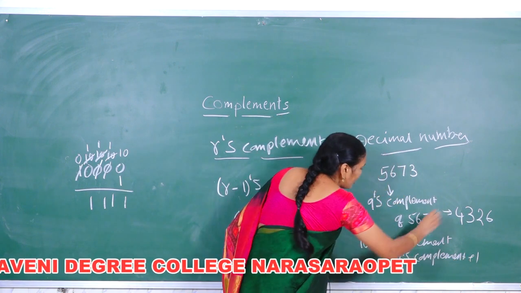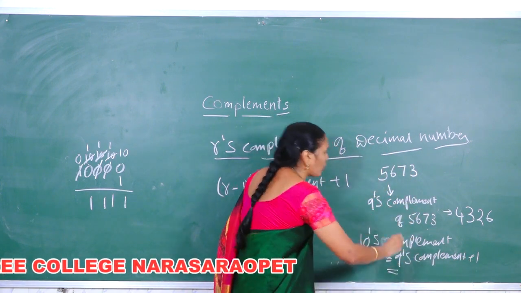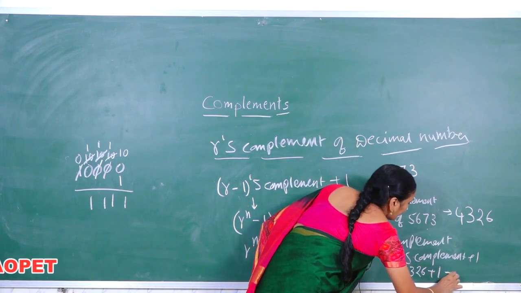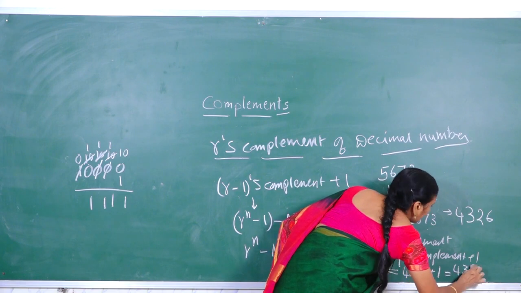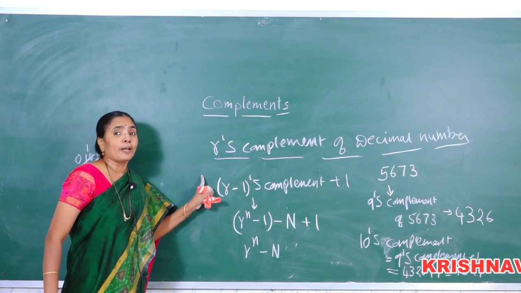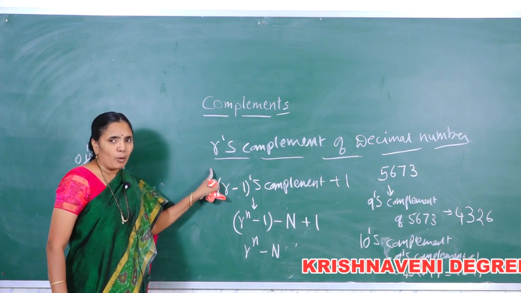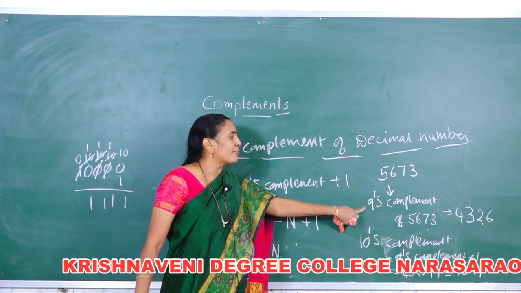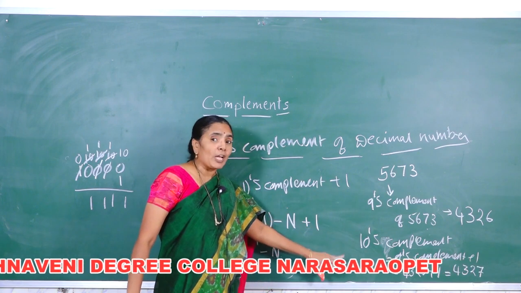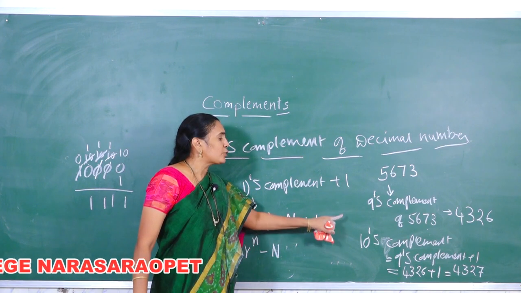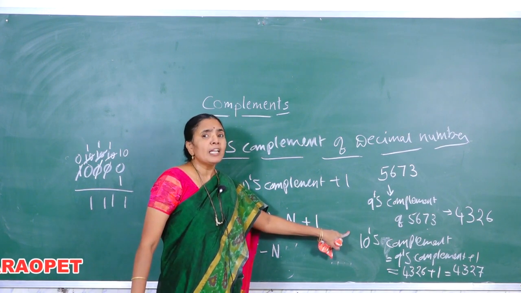We have already calculated the 9's complement, that is 4326, plus 1, which is nothing but 4327. There is no simple formula to directly remember how to calculate the 10's complement. First we have to calculate the 9's complement of the given number, then we have to add 1 to that complement so as to get the 10's complement of the given number.